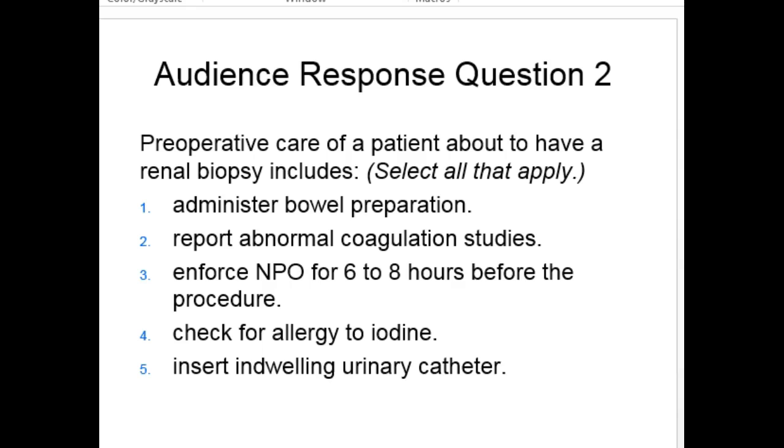So to do a renal biopsy, so we're going to biopsy a kidney, what would we do? We would do number 2, because the patient would be at risk for bleeding if they have abnormal coagulation studies, and also we would enforce number 3. The patient would need to be NPO for 6 to 8 hours prior to the procedure.